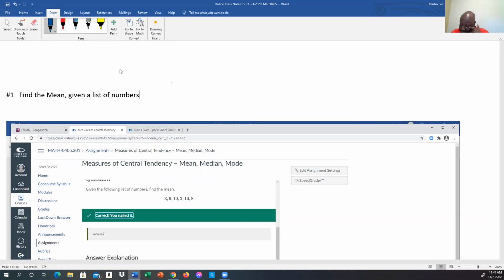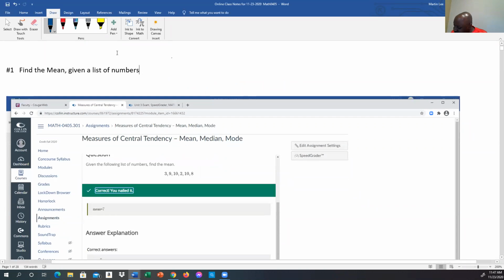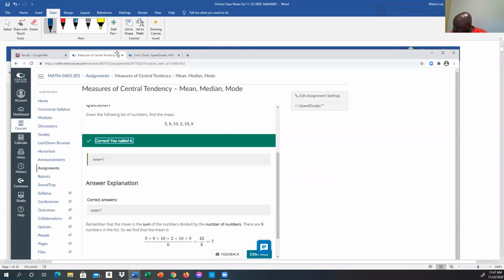So our first problem is to find the mean given this list of data. So it says given the following list of numbers, find the mean. So we have the numbers 3, 9, 10, 2, 3, 9, 10, 2, 10, and 8.